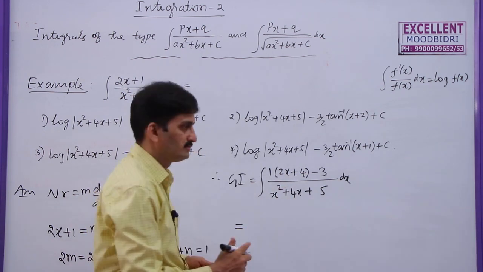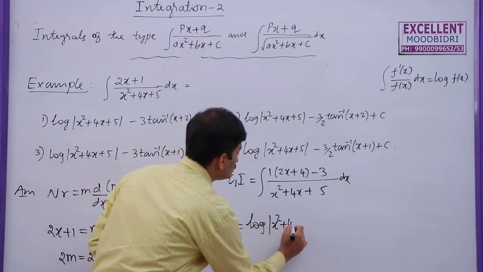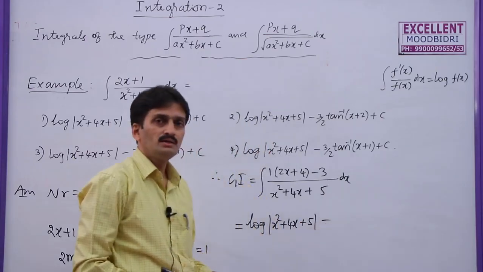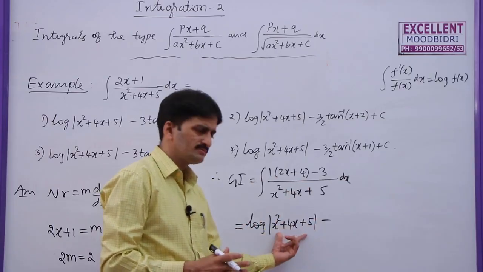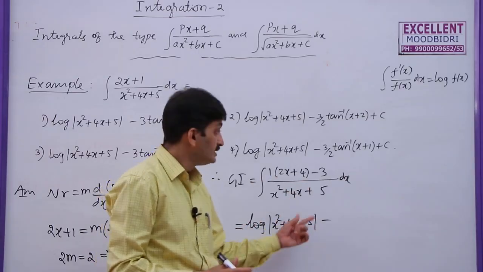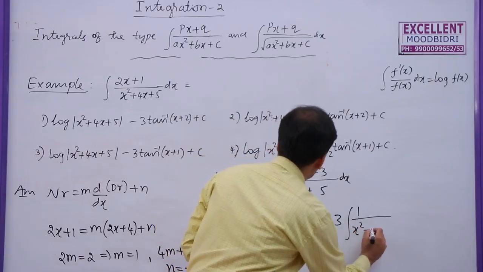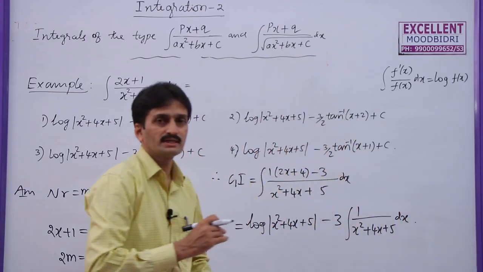So directly write log of mod x square plus 4x plus 5 minus, okay, actually first you have to split. While splitting, the first integral is this one, directly write log of denominator. The second integral is 3 into 1 by (x square plus 4x plus 5) dx, correct?